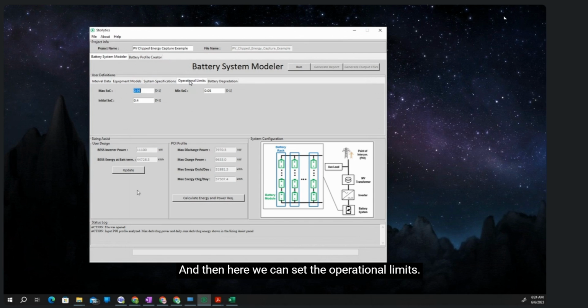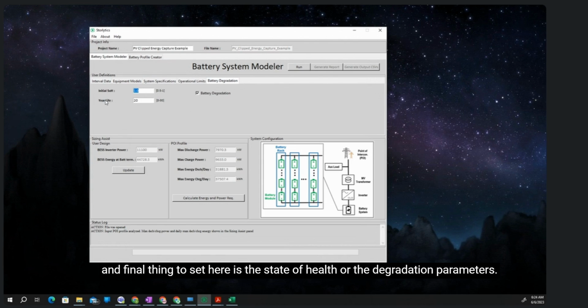And then here we can set the operational limits: the maximum state of charge that we're planning to run our system at, the minimum state of charge, and of course, the initial state of charge for the simulation. The final thing to set here is the state of health, or the degradation parameters.